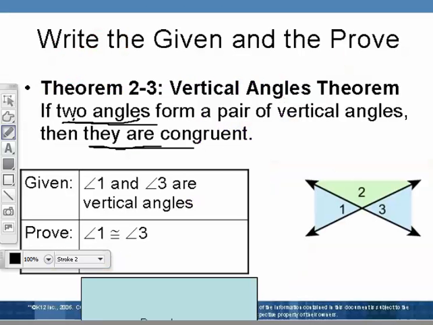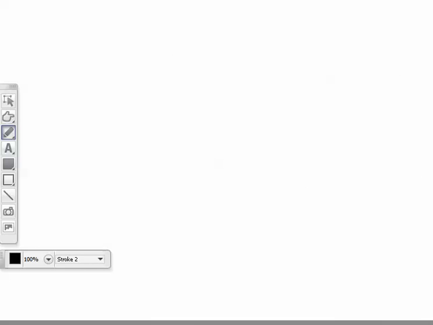Okay? So, what do I do next? Give me a blank sheet of paper. What I'm going to do next is say number 1: angle 1 and angle 3 are vertical. That was given. Okay?